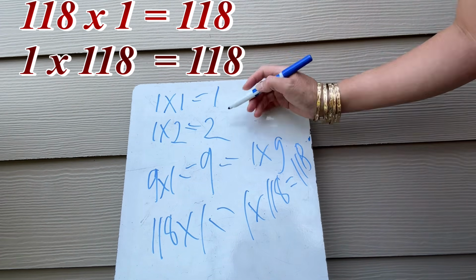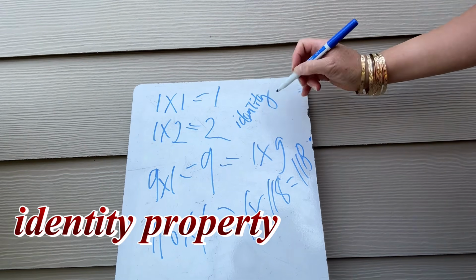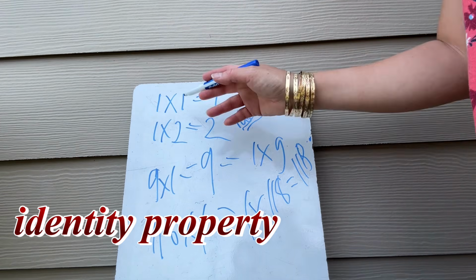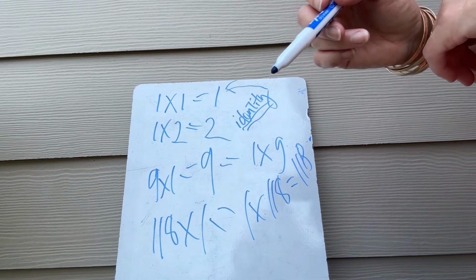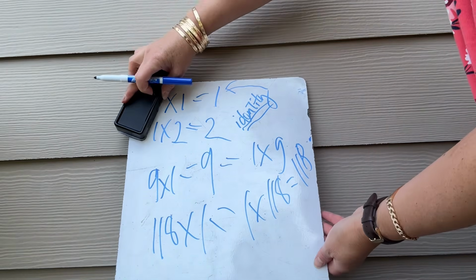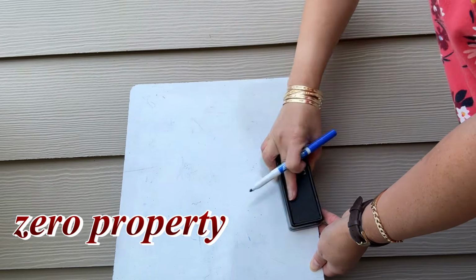Remember that. That's called the identity property, because it remains its identity. When you multiply a number by 1, it retains its identity, okay? Identity property, okay?